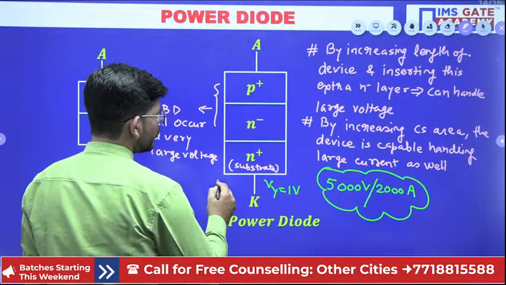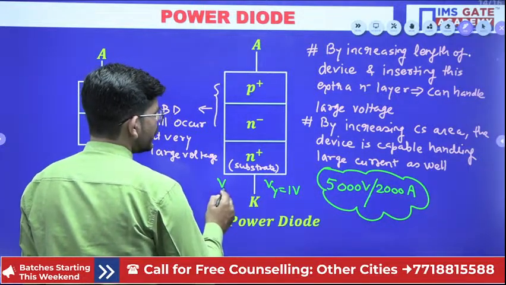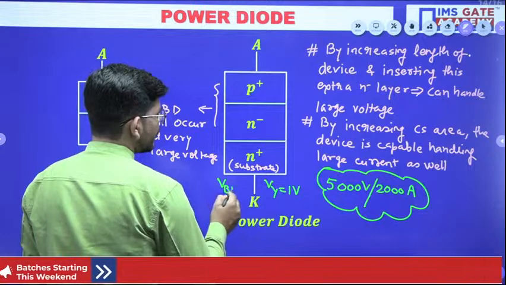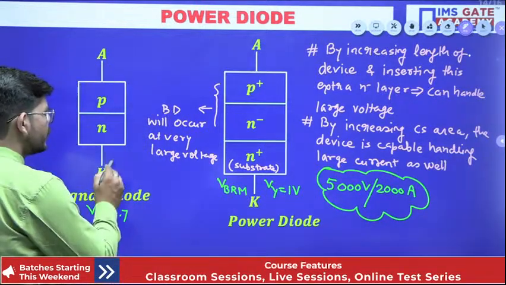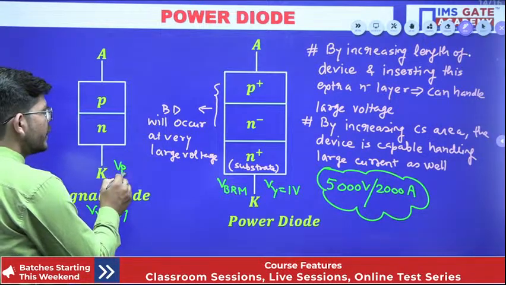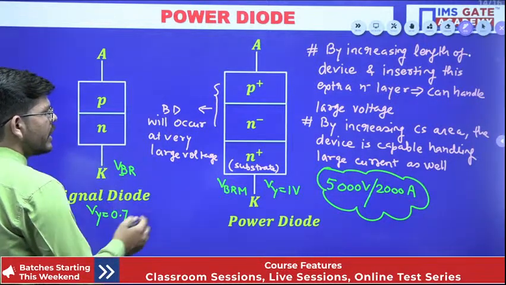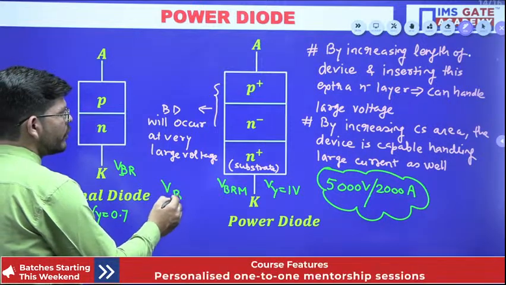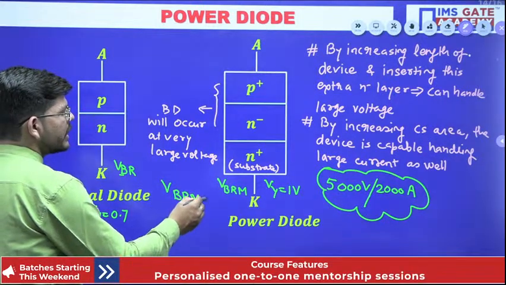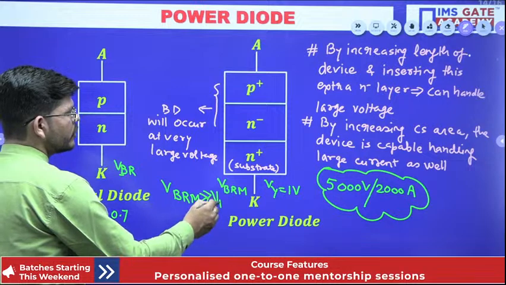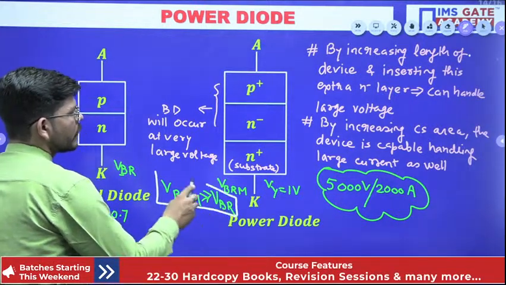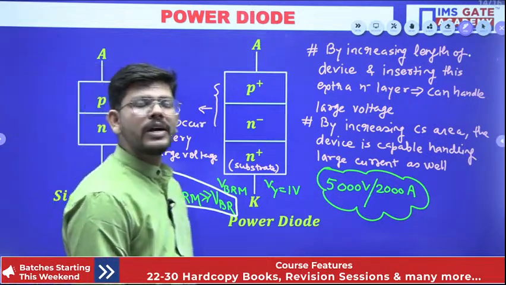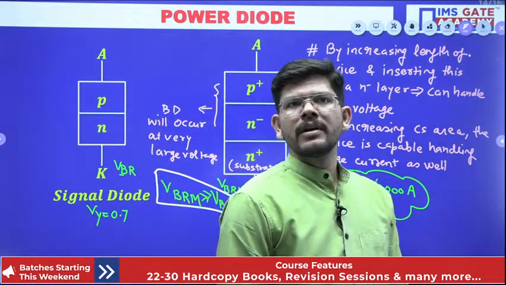Okay, and what is the reverse voltage handled by these devices? Suppose the reverse voltage handled by a power diode is VBRM, and the reverse voltage handled by normal diodes is only VBR. They are capable of handling more reverse voltage than the normal diodes. Okay, that is why they are called power diodes, isn't it?